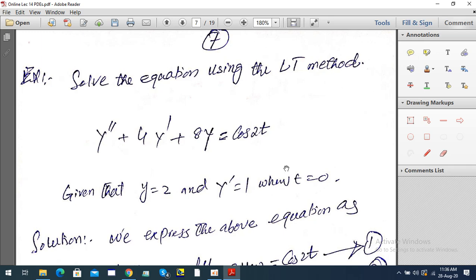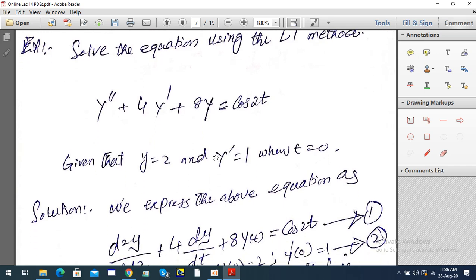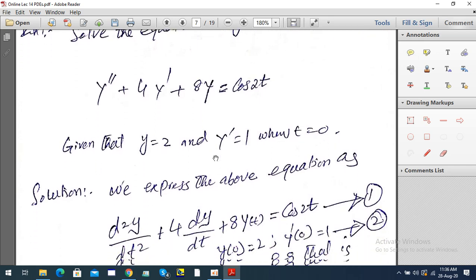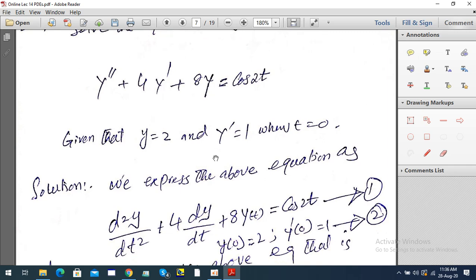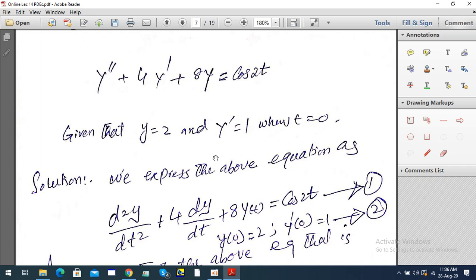Now we don't need to check whether this function is a solution of the yc or not. You can see that without investigating those issues, we directly apply the Laplace transform technique.